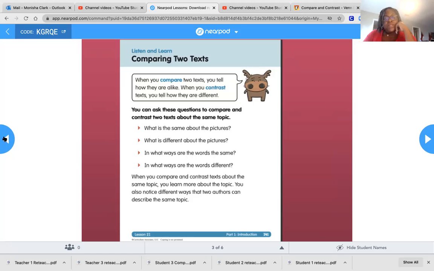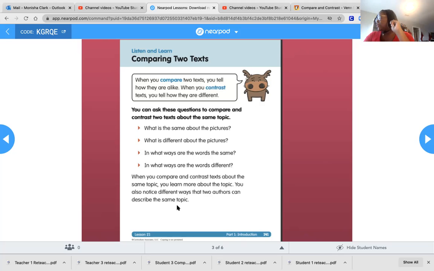All right, so let's read this at the bottom. When you compare and contrast texts about the same topic, you learn more about the topic. You also notice different ways that two authors can describe the same topic. Comparing texts on the same topic makes me think about both authors.